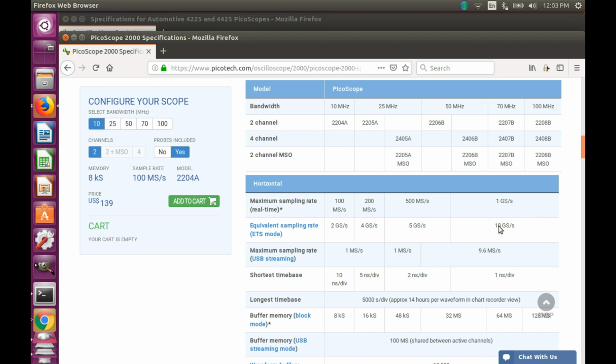At such high sampling rates, the usefulness of the capture may be limited by the buffer memory, and indeed, for 10 and 25 MHz oscilloscopes, this number is measured in kilosamples, while for 50 MHz and up, this is measured in megasamples. And these numbers can be very useful when, for example, you are looking at data transmission.